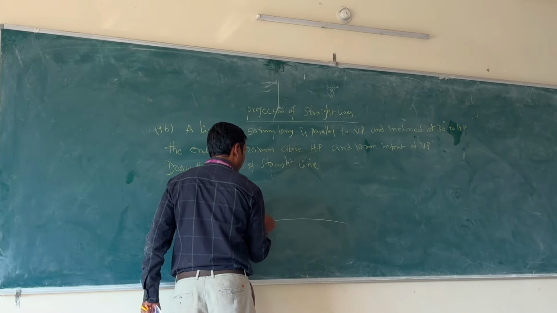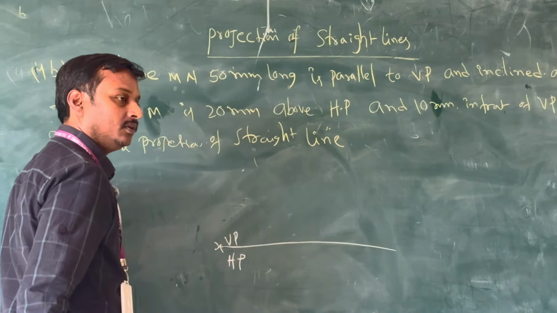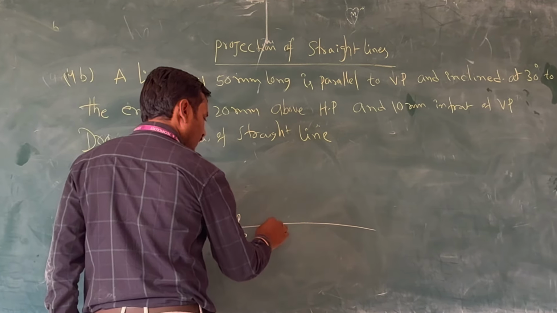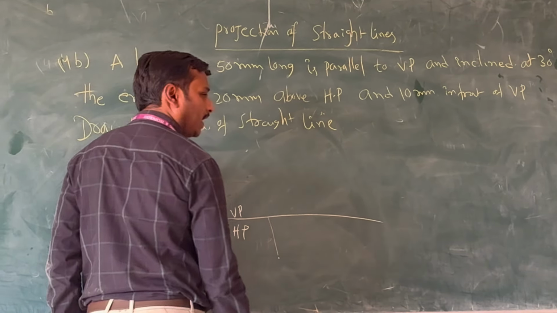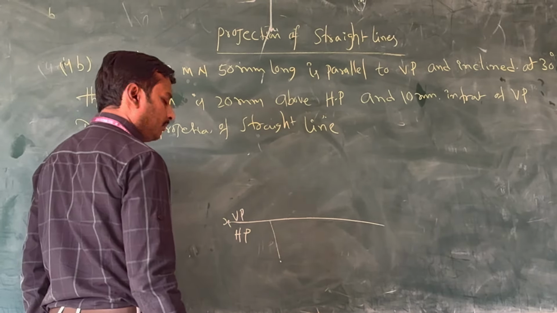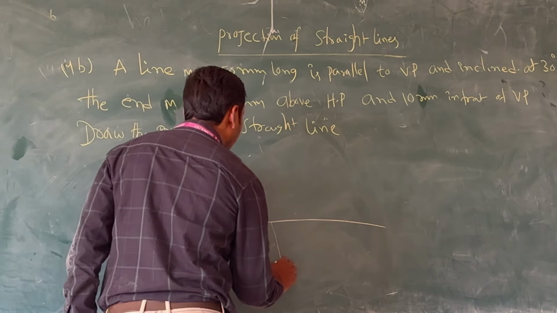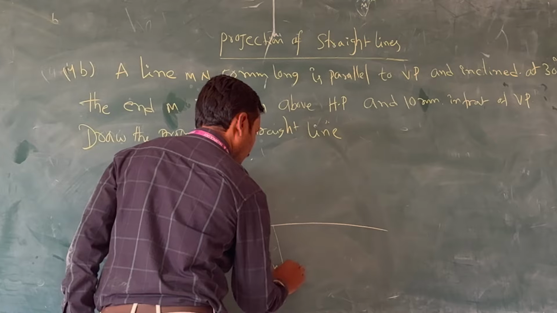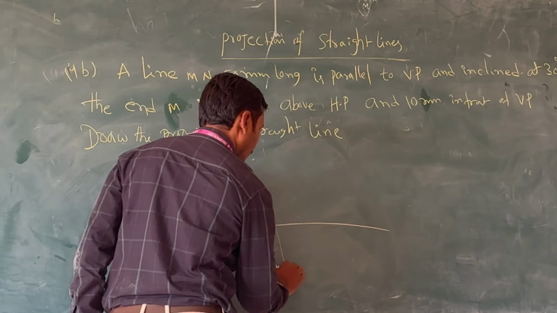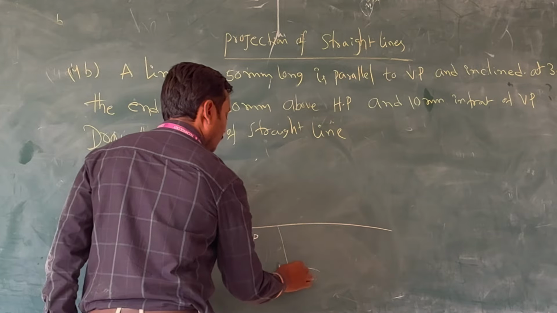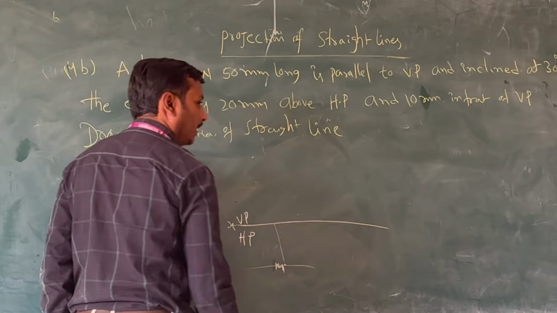XY, VP, HP. In front how much? 10 mm. What is the angle?